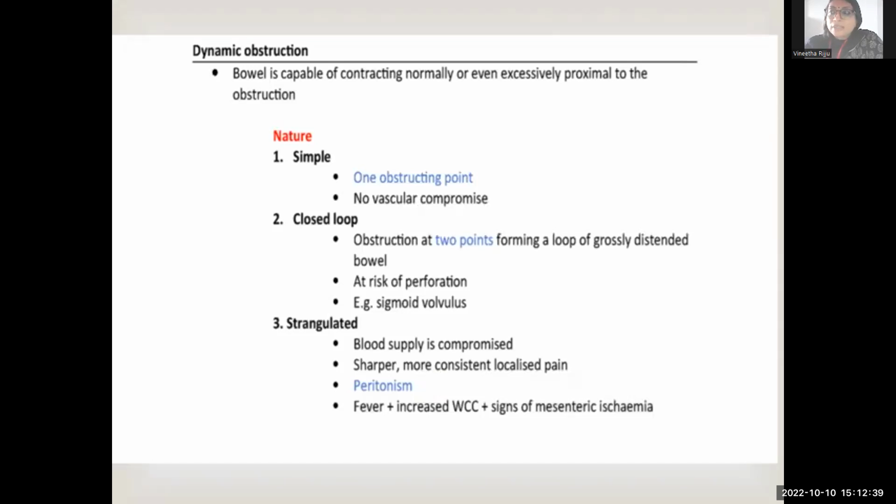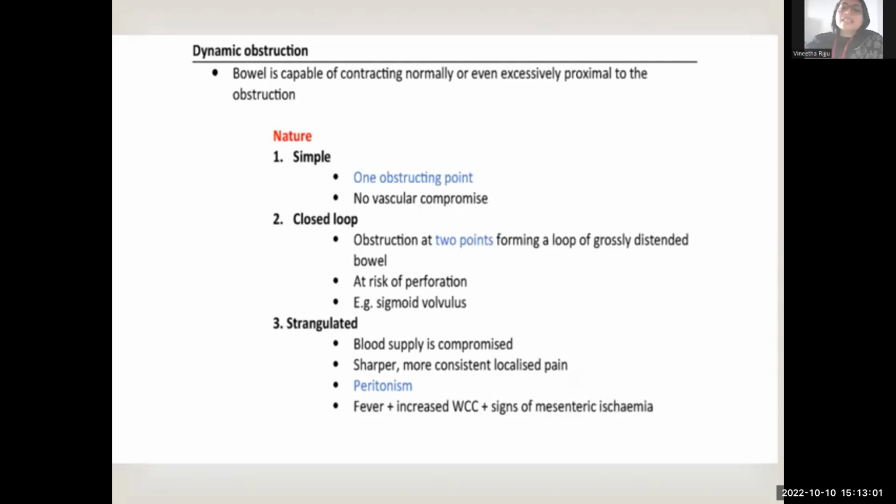And what happens is that the part above the point where the blood supply is cut and it is twisted or strangulated, goes into a cell death, which is something we call a gangrene.